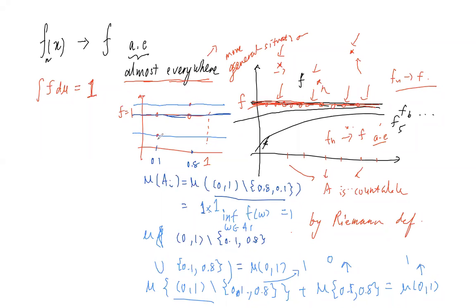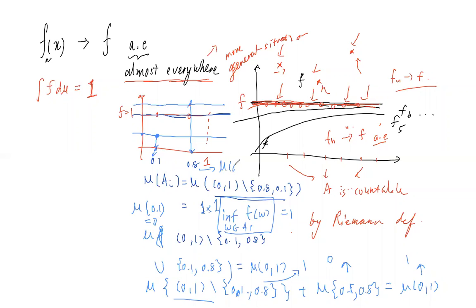You notice that when you do this, the projection is here. You have this point, but this point is just some value here. So the infimum of f is actually some constant, but the set that it falls on is a singleton. The measure of 0.1 is 0.